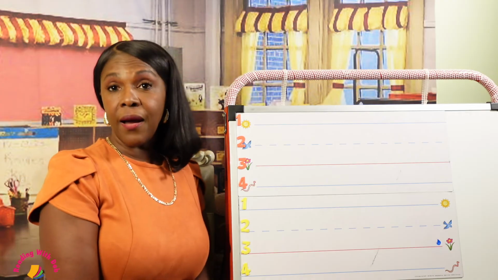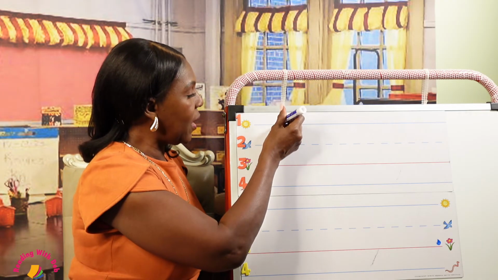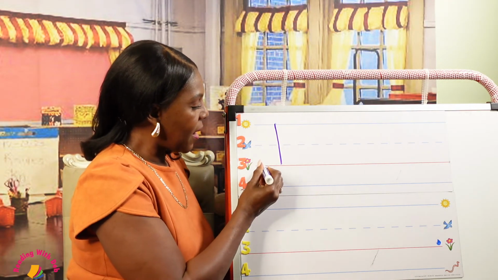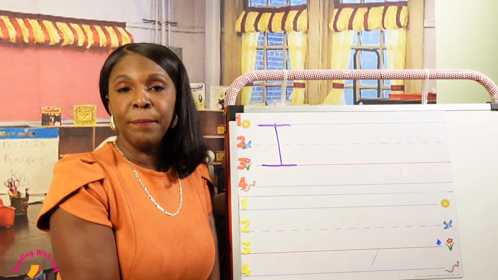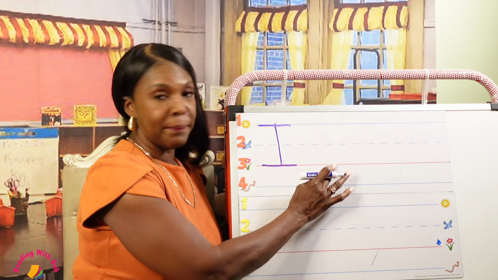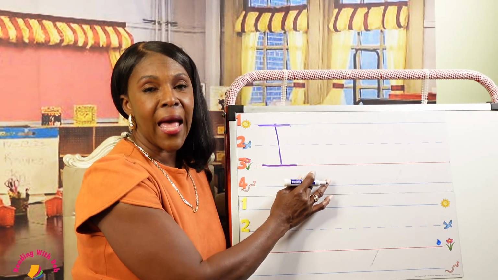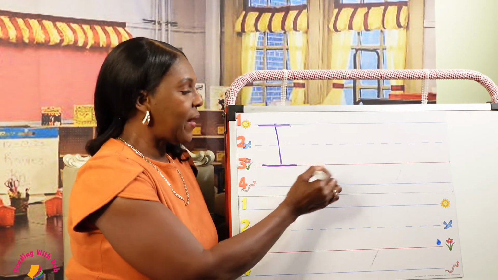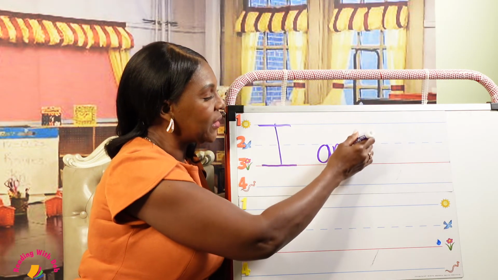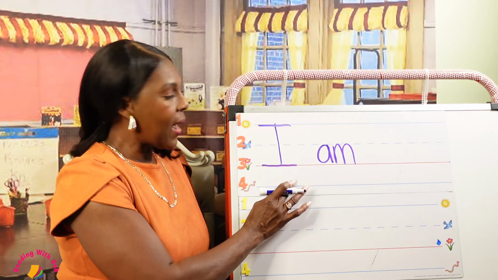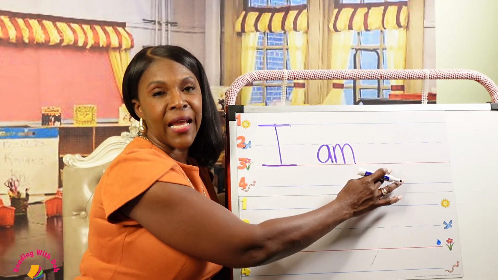Okay, first word, I. So we have to write the uppercase I. I, space. I am. Must have a space. How do we spell am? Plus, this is a sight word. We should spell it quickly. I am Sam.